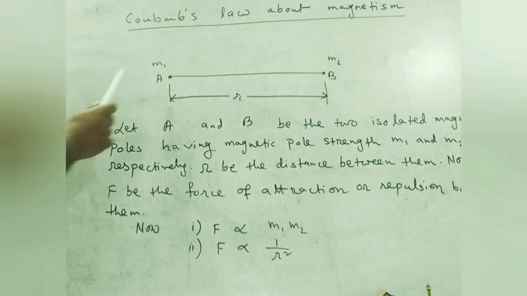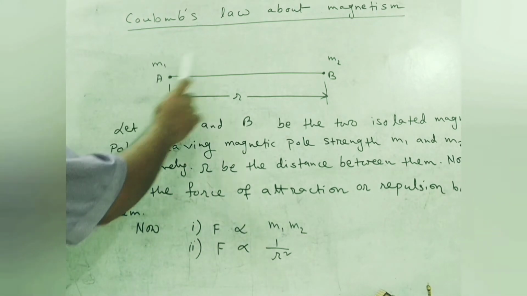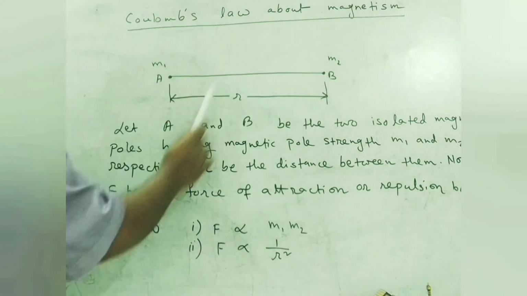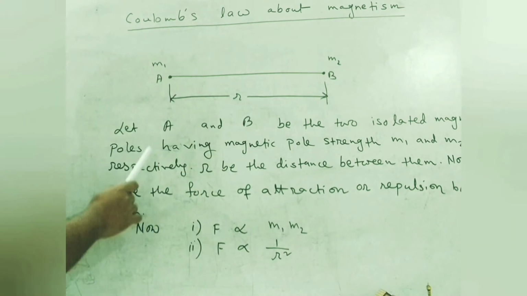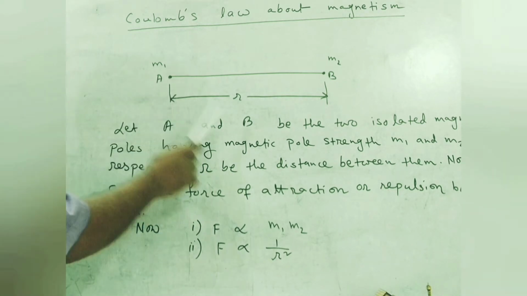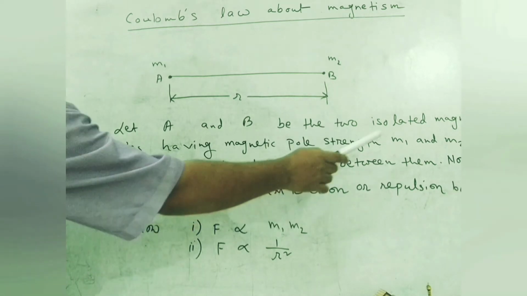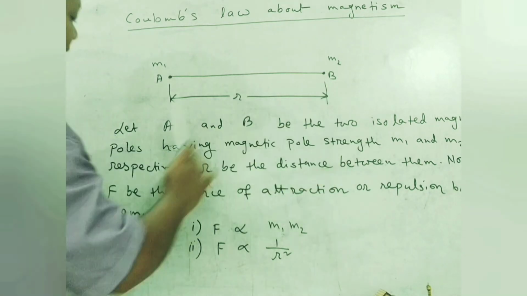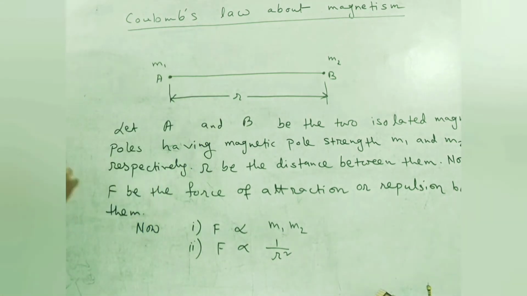You know that the isolated magnetic pole is an ideal one. Practically no isolated magnetic pole is found. Small r is the distance between these two poles.